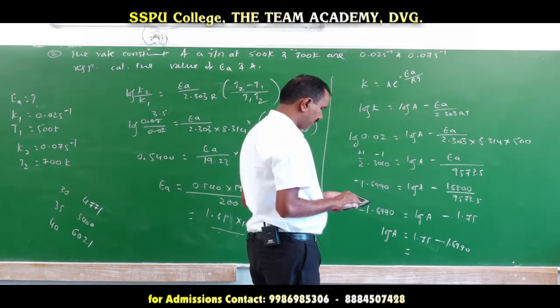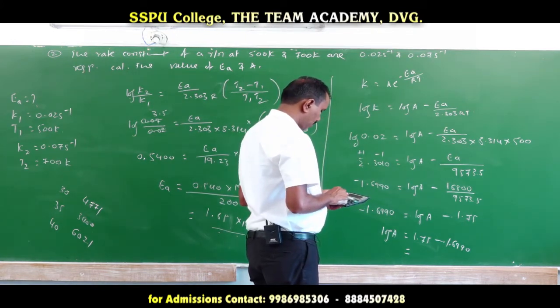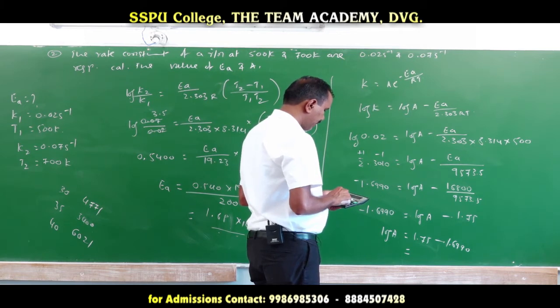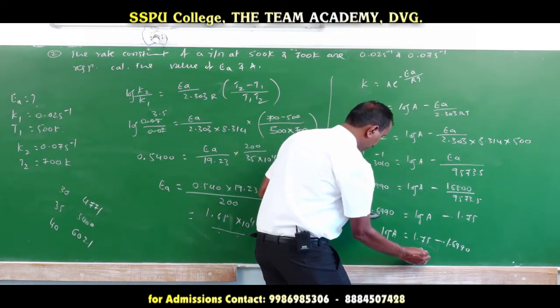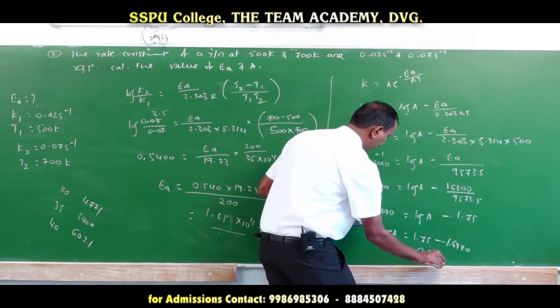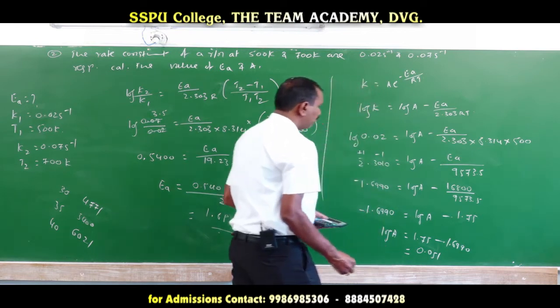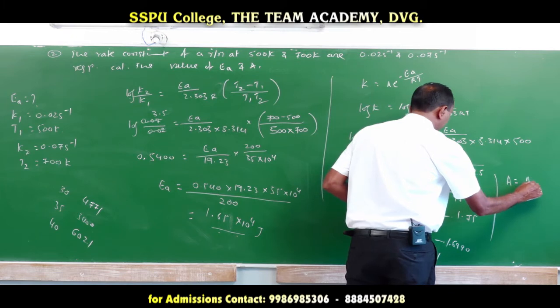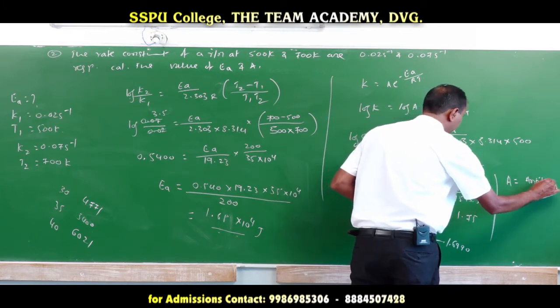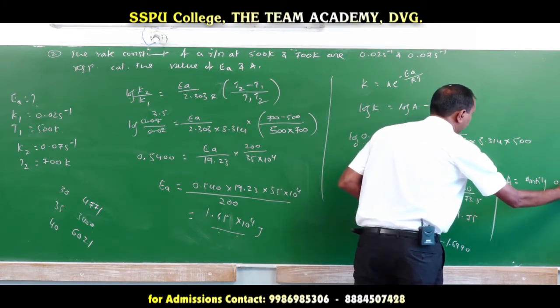Okay. 1.75 minus 1.6990 is 0.051. So log A value is 0.051. Then A is equal to the anti-log of 0.051.